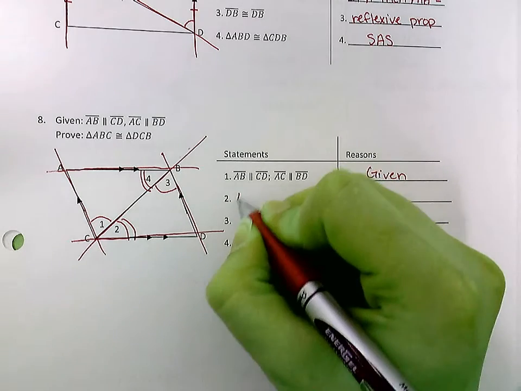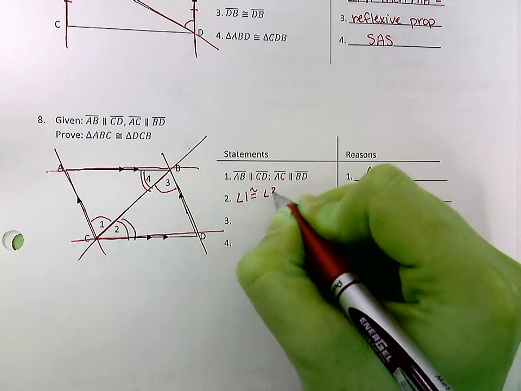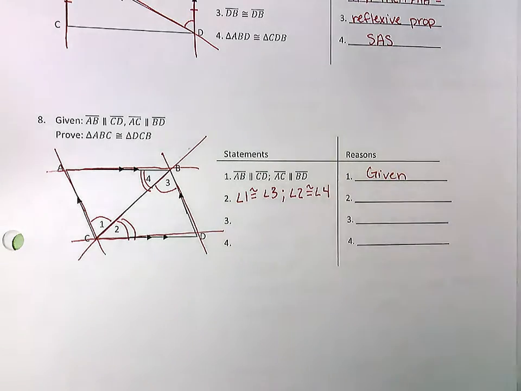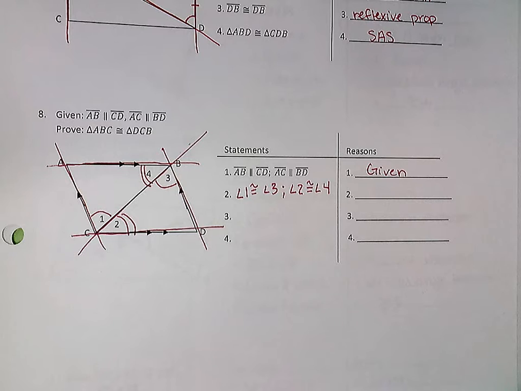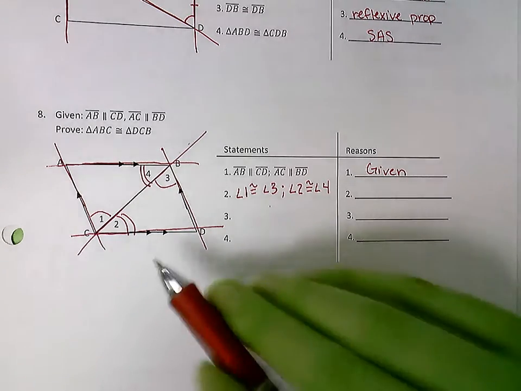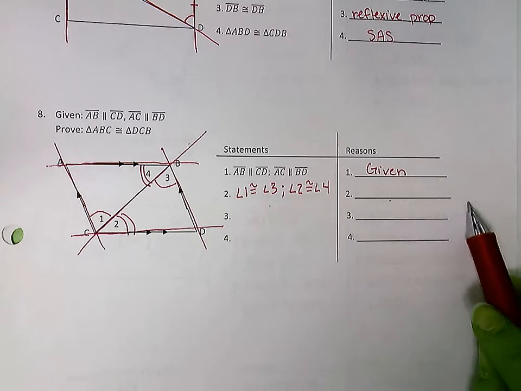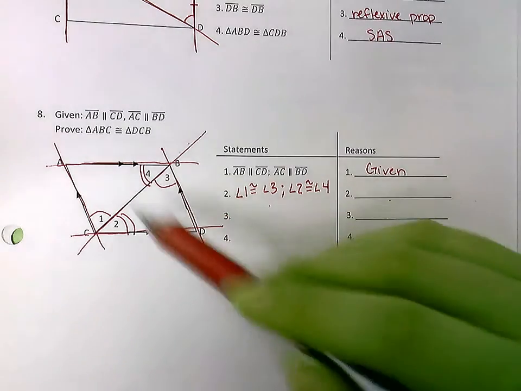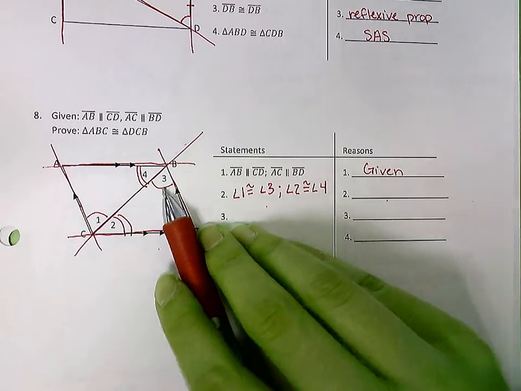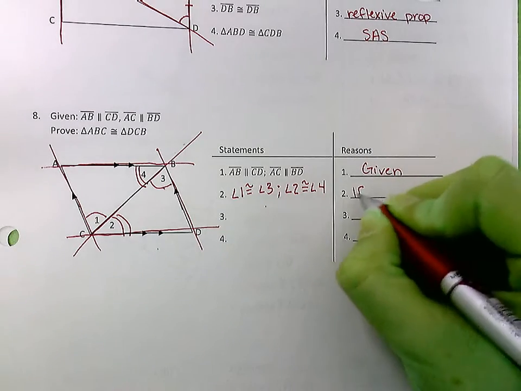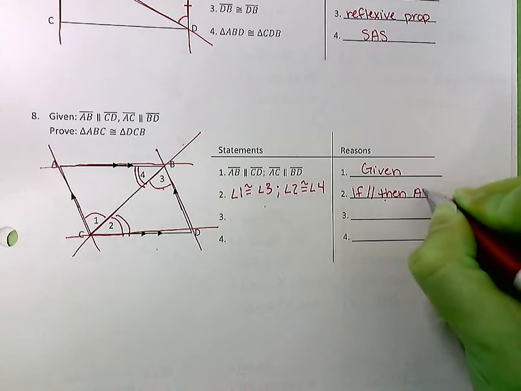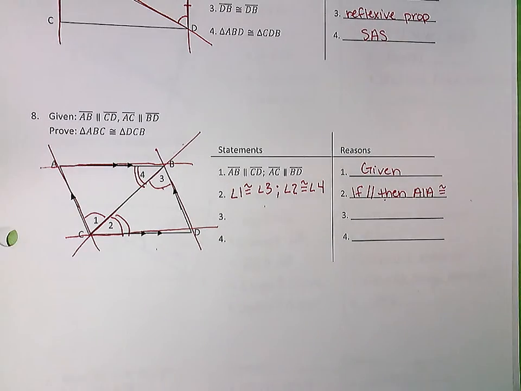So I can write out angle 1 is congruent to angle 3, and angle 2 is congruent to angle 4. I didn't realize that was all in the first step until I saw you guys doing it. I can write both of those because they are by the same reason. Since these lines are parallel, each of these angle pairs here are alternate interior angles. So if I'm given those lines are parallel, then my alternate interior angles must be congruent.